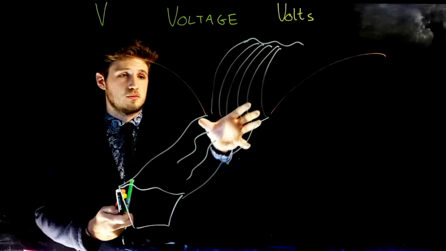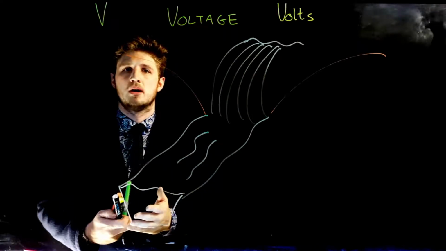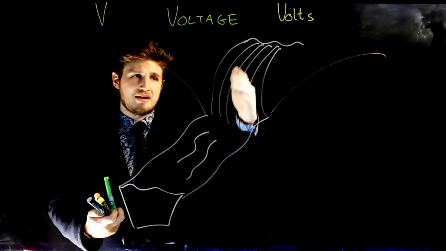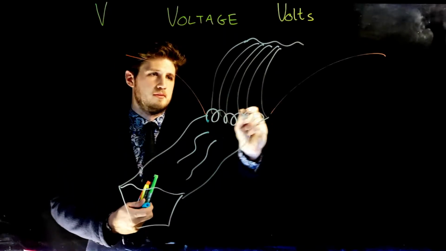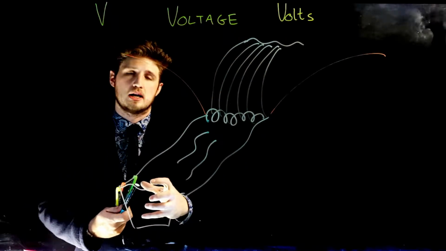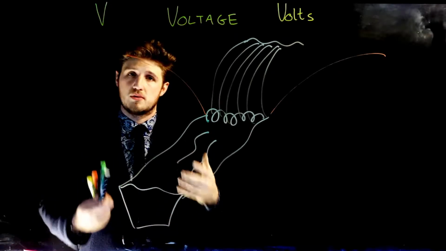Just like current was the substance moving through our circuit, the water moving through a stream, the force, in this case, in all streams, is gravity. This is meant to be a waterfall, let's make more. Gravity is the force driving the water in a direction. This force is what we describe as voltage.